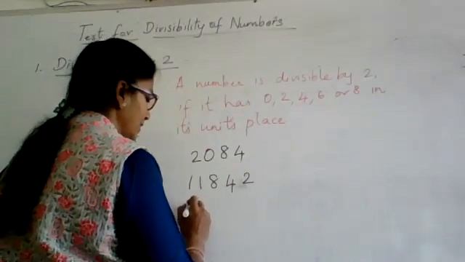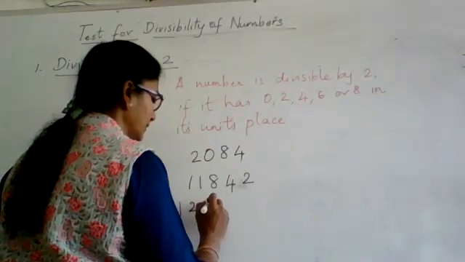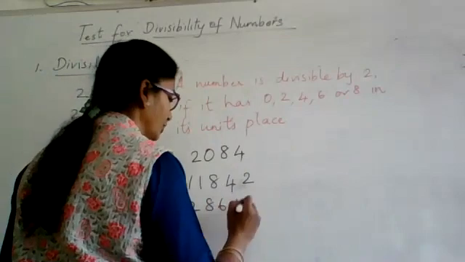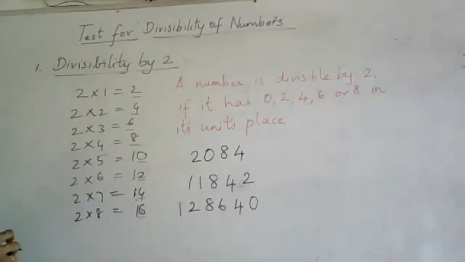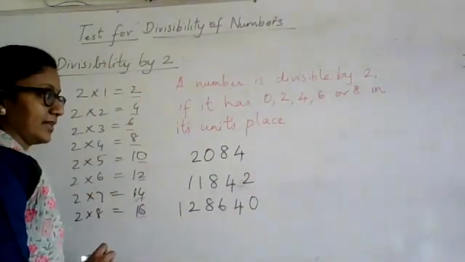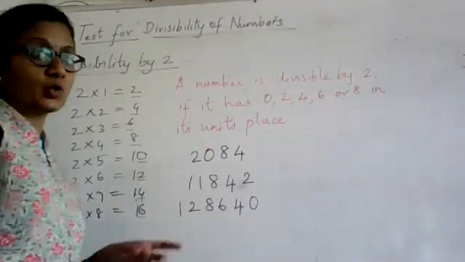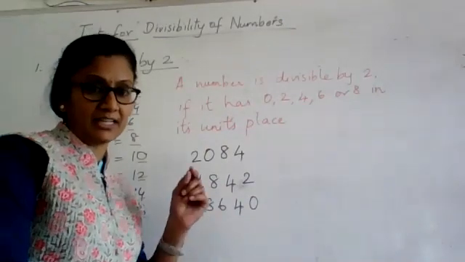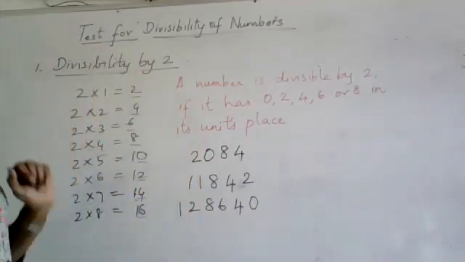Or I can say 12 lakhs 86,040. No, 1,28,640. Now observe these numbers. They are all very big numbers. We can't go and divide them every time to say whether they are divisible by 2 or not. So that is why we are going to use the divisibility by 2.